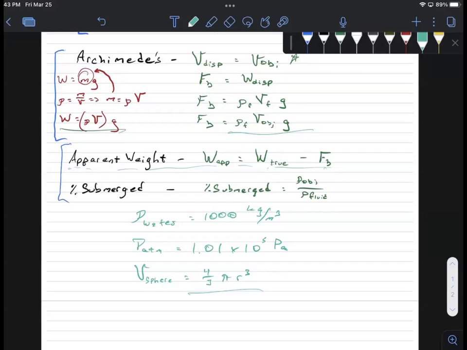Especially things that deal with buoyant force, that's Archimedes' principle. So if I'm asking about apparent weight, it needs buoyant force, which leads you directly to Archimedes. So that's how you'll know. Are there any other questions?